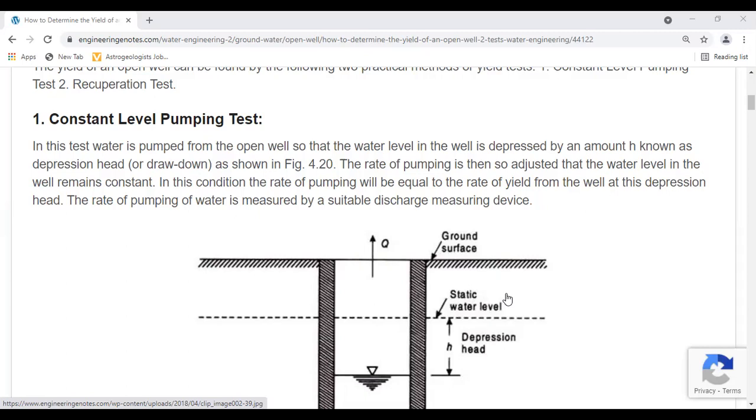The specific yield of the well can be determined by the recuperation test. The safe yield of an open well can also be determined by the pumping test.